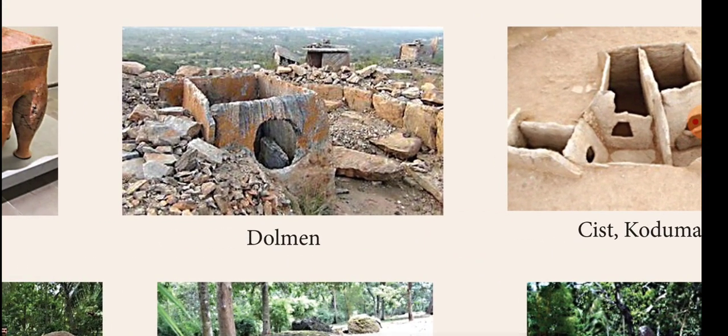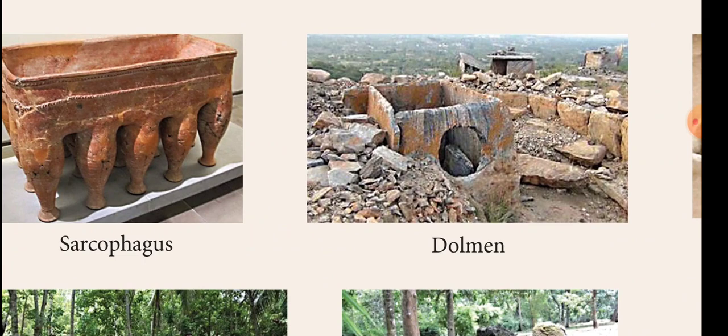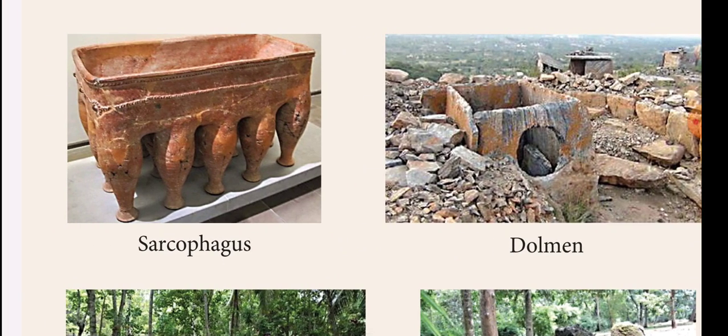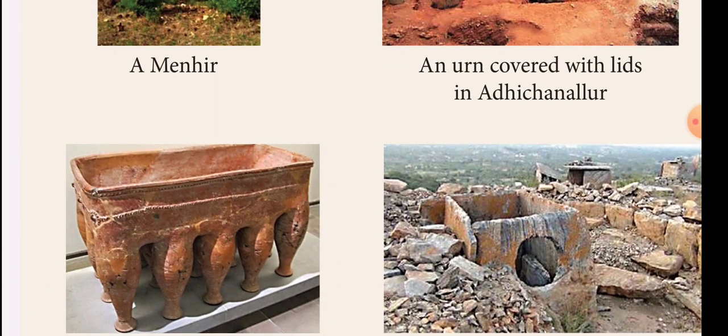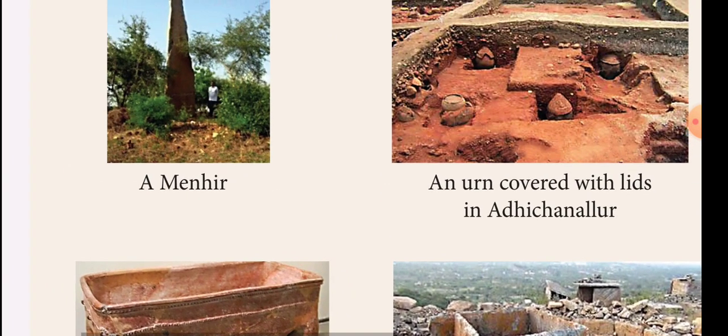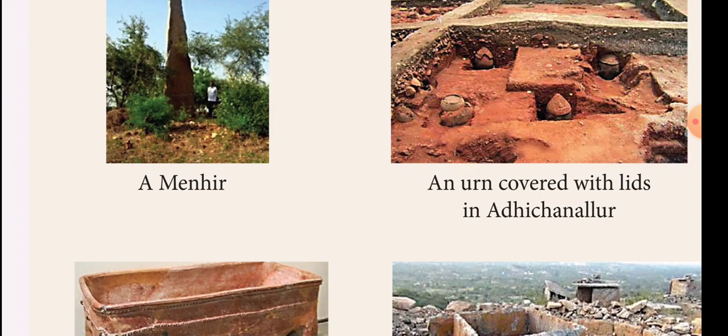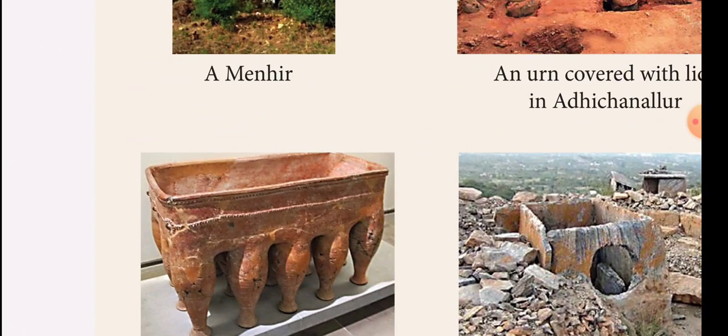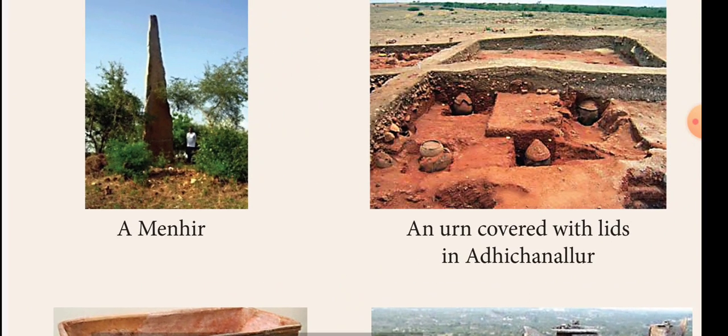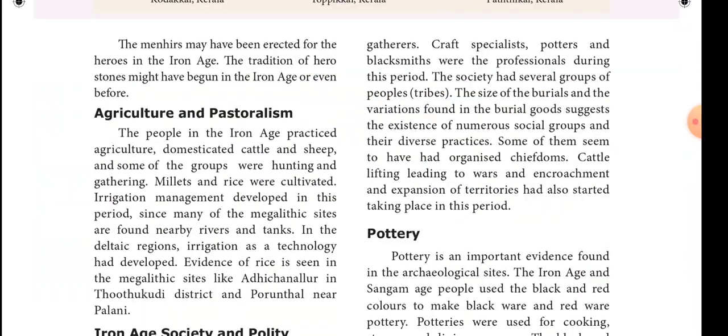These are the different types of burials. Sarcophagus, it is like an elephant. The top looks like an elephant body. Menhir and urn burials. So these are the different types of burials we discussed.